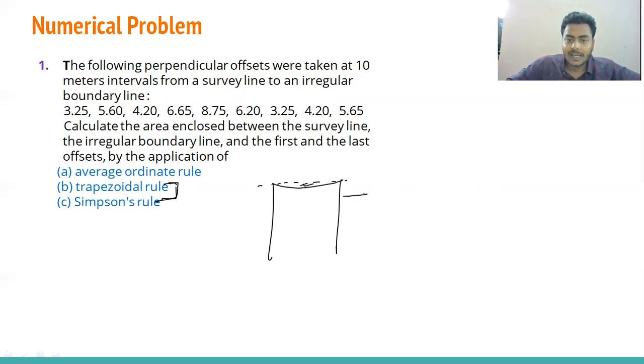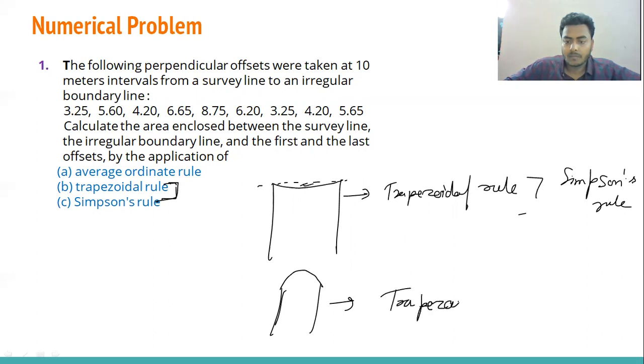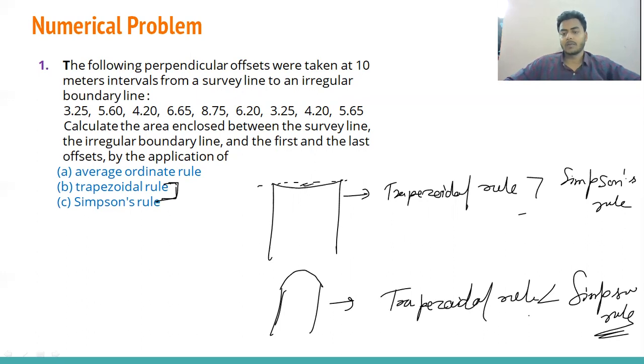So in this case the trapezoidal rule gives more area compared to the Simpson rule. But where the curve is like this, the trapezoidal rule will give less area compared to Simpson.